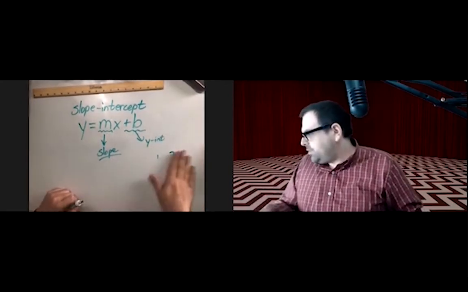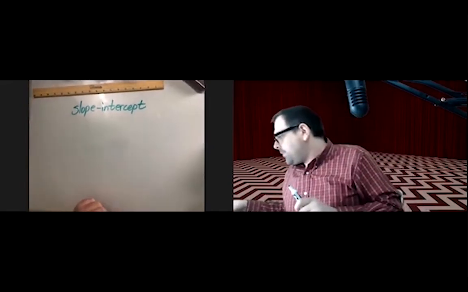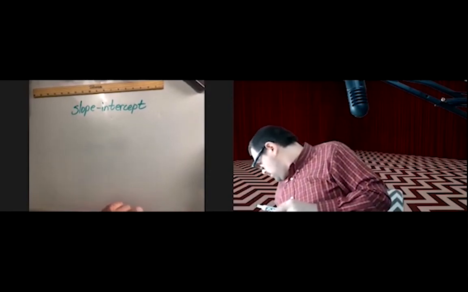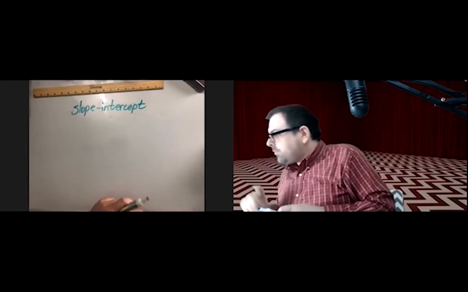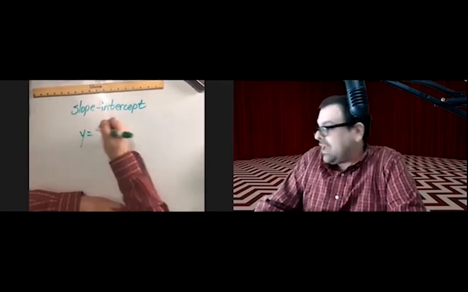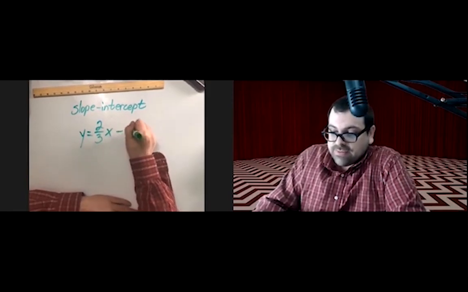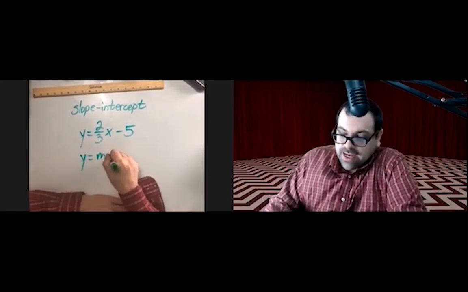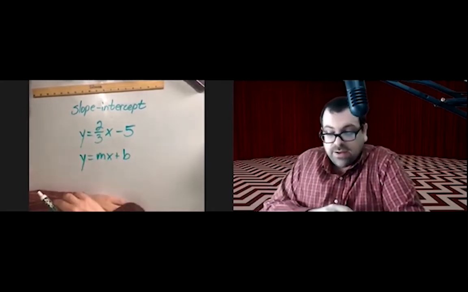So why is this useful? Well, let's say we have something solved for y. Y equals 2/3 x minus 5. This is in slope-intercept form. It's in y equals mx plus b form. It's solved for y.